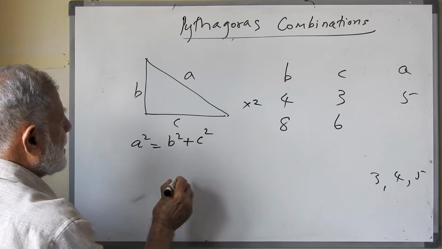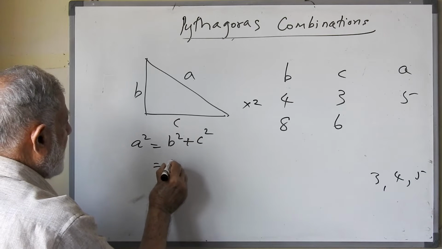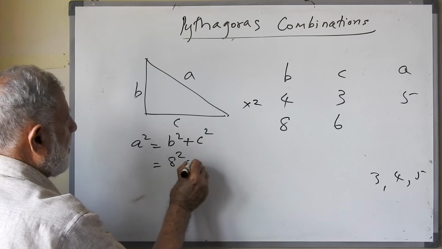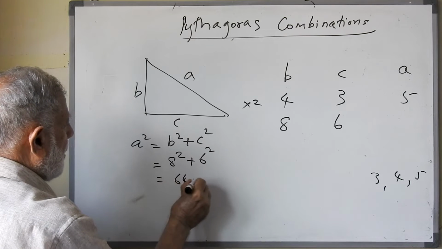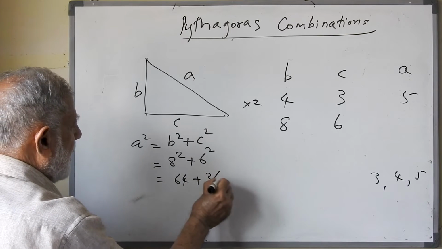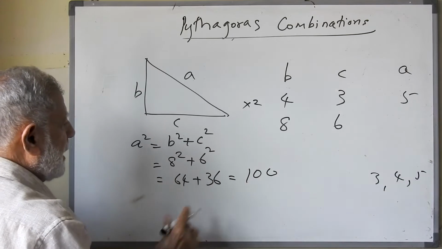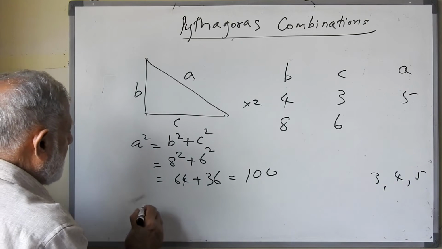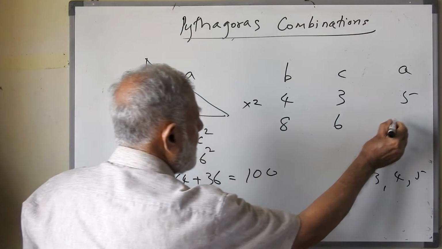Now, B we have put as 8, so 8 squared plus 6 squared. That is equal to 64 plus 36, that is equal to 100. So A will be 10.